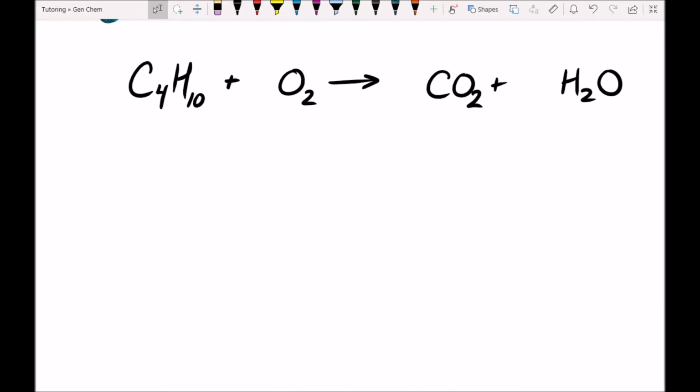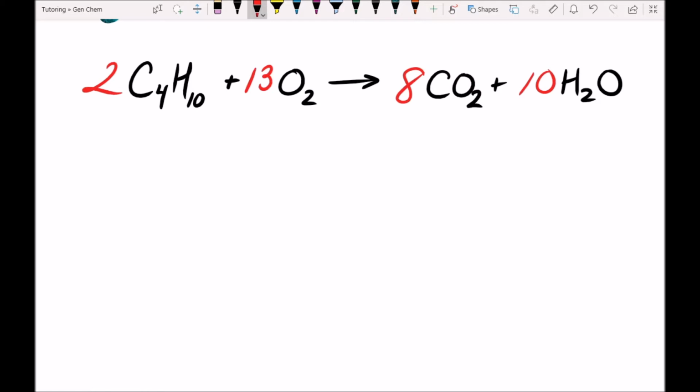And so what we immediately notice is that this is an unbalanced chemical equation. And so of course, if we want to balance this equation, we need coefficients. And the coefficients are 2 for butane, 13 for oxygen, 8 for carbon dioxide, and 10 for H2O.